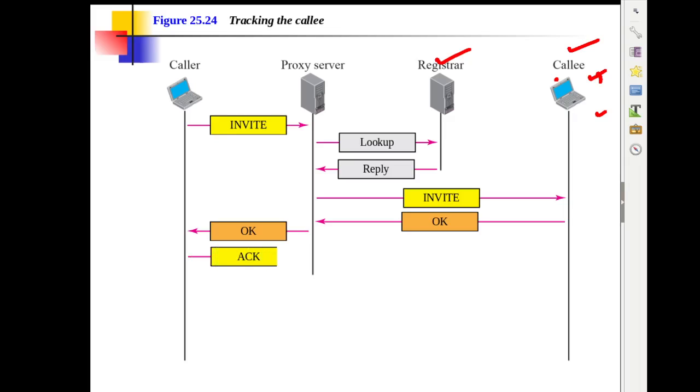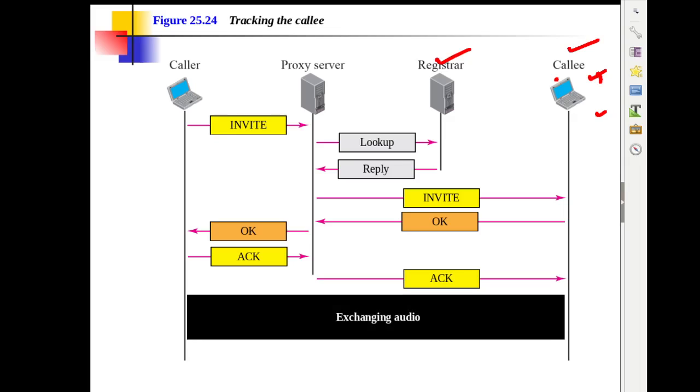Then an acknowledgement is sent, and this acknowledgement is forwarded to the callee, and then pure communication between caller and callee starts, based on the IP address of the callee. So audio is being exchanged, and in the end you can terminate using a bye message. This was all about SIP.